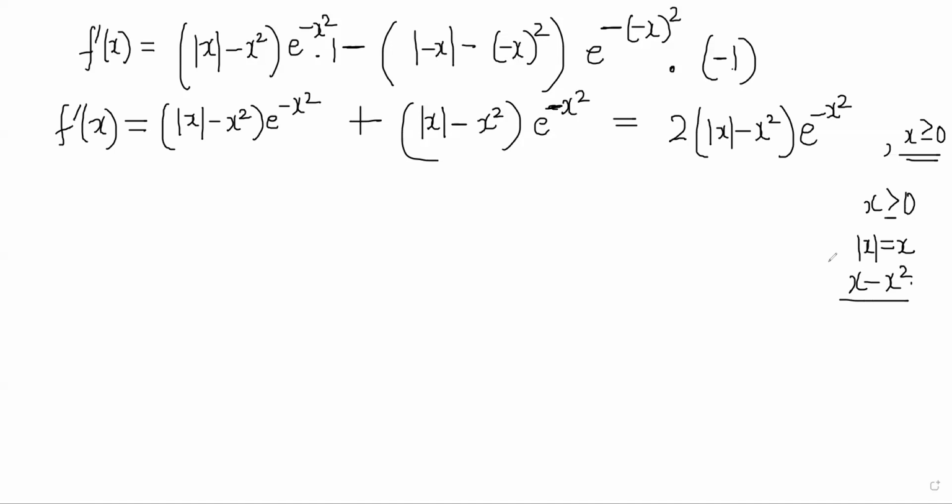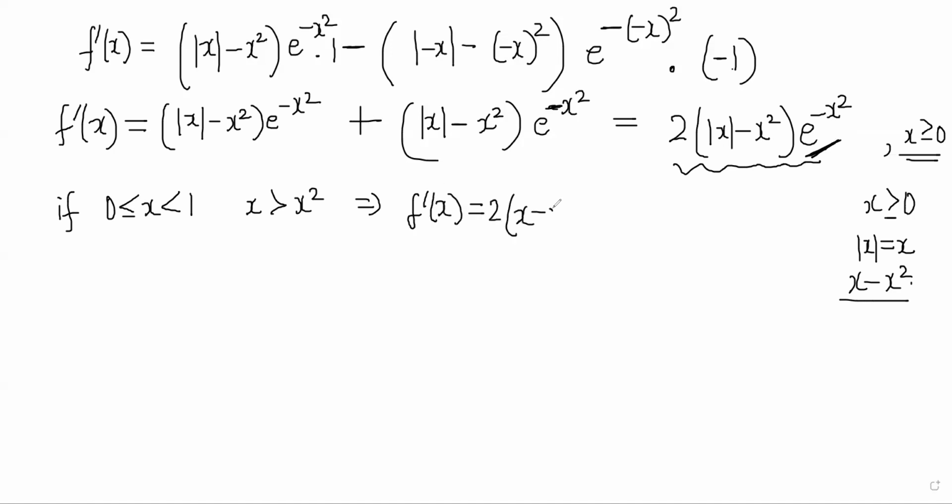And we can understand the way in which this bracket changes sign. We already know that e^(-x²) is always positive. So if 0 ≤ x < 1, then x is greater than x². Therefore f'(x) = 2(x - x²)e^(-x²) is greater than 0.